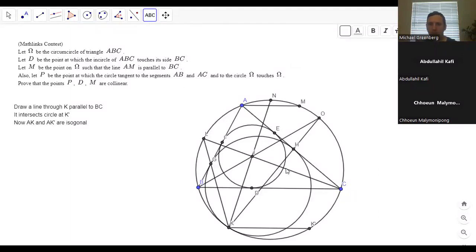I don't understand that part. So why does CKD equal BK prime A? I understand that they're orthogonal, but how are you using D as the point of tangency with C?